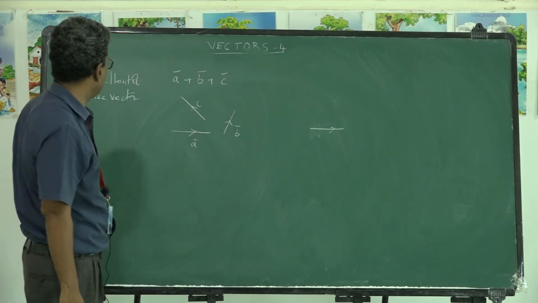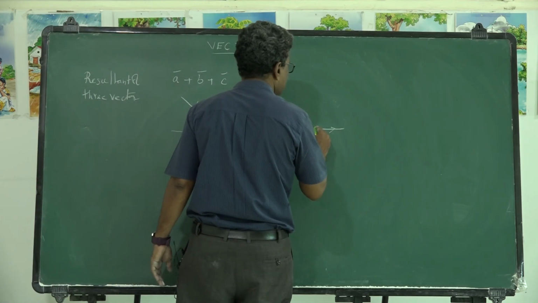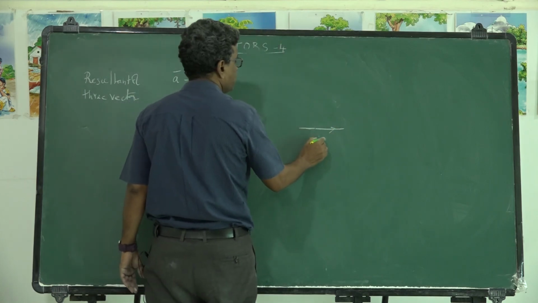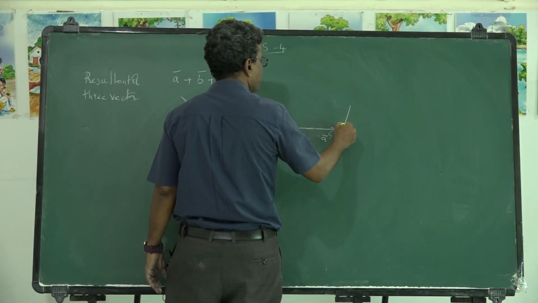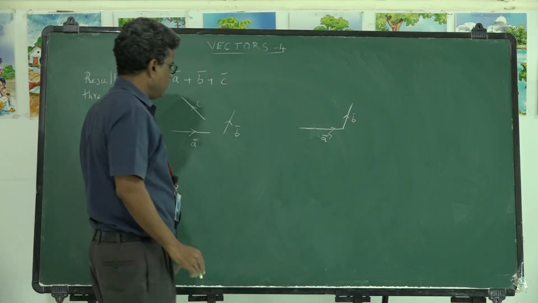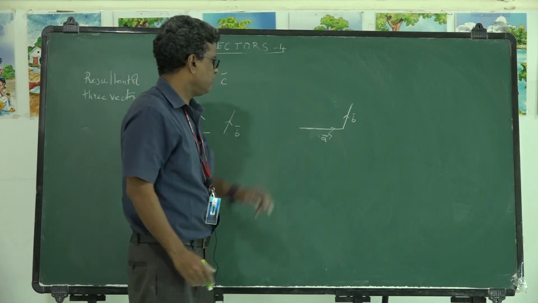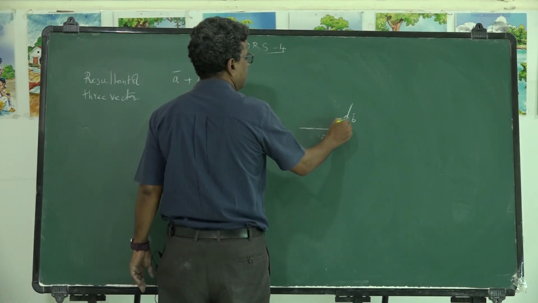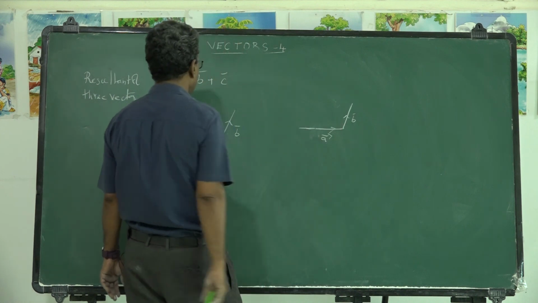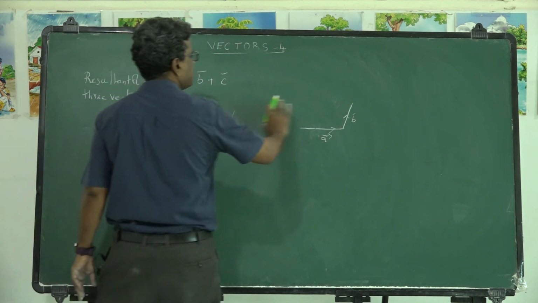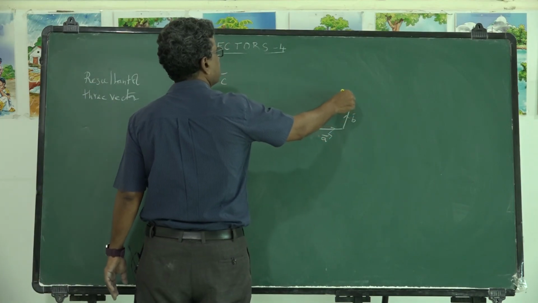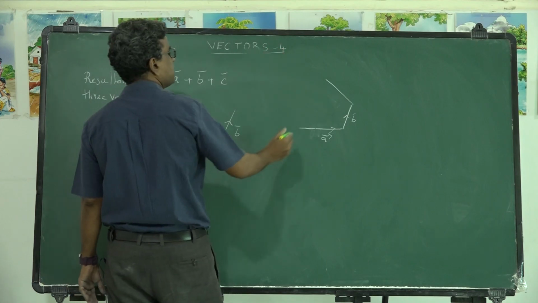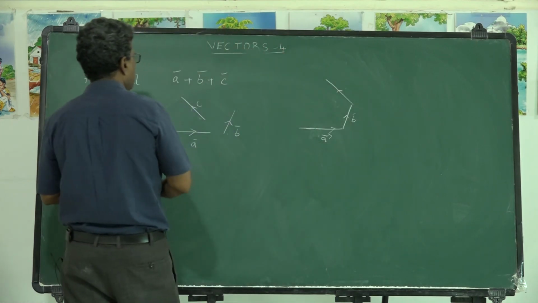I want to add these three vectors. Draw the first vector as it is, which represents both magnitude and direction. Draw the second vector from the head of the first vector; the tail of the second vector starts from the head of the first vector, and it represents both magnitude and direction. The third vector, C bar, is drawn from the head of the second vector, representing the same magnitude and direction.